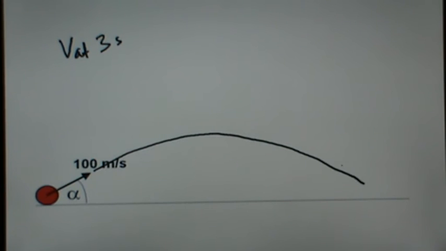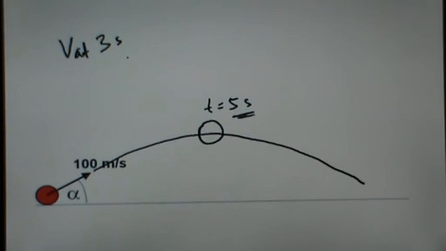Now, still using the same problem, we are asked to find the velocity at 3 seconds. Alright, so we already know that the ball will be at the highest point at t equal to 5 seconds.